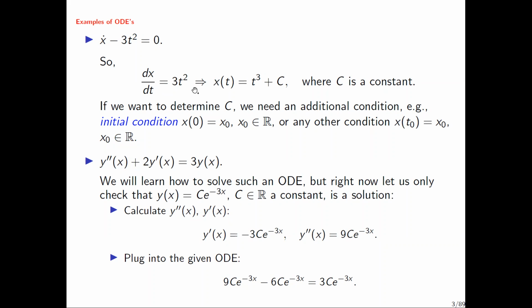Then we integrate both sides, the left side with respect to x and the right-hand side with respect to t. What we get is the solution, which is a cubic function: x of t is t cubed plus some constant c. To determine this constant, we need another condition, which is called an initial condition. So x for some value of t is some real number, and from this condition we can explicitly determine c.